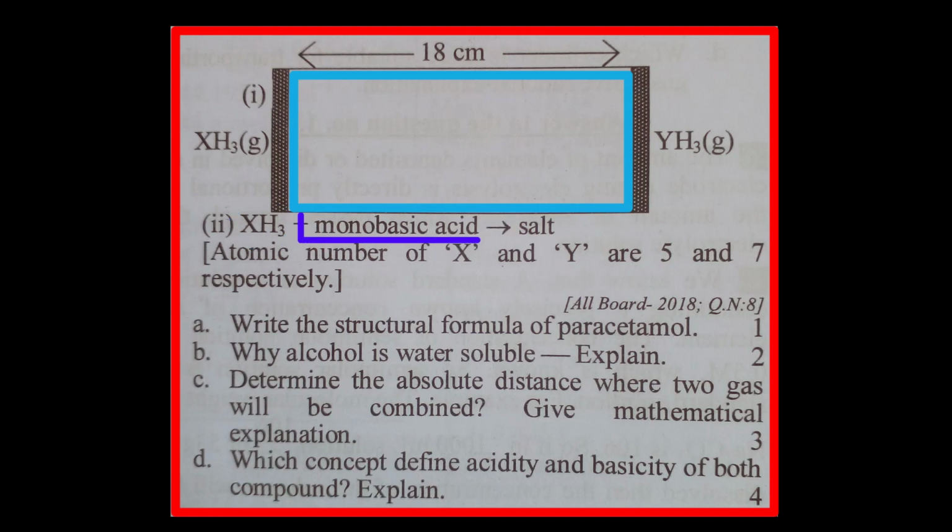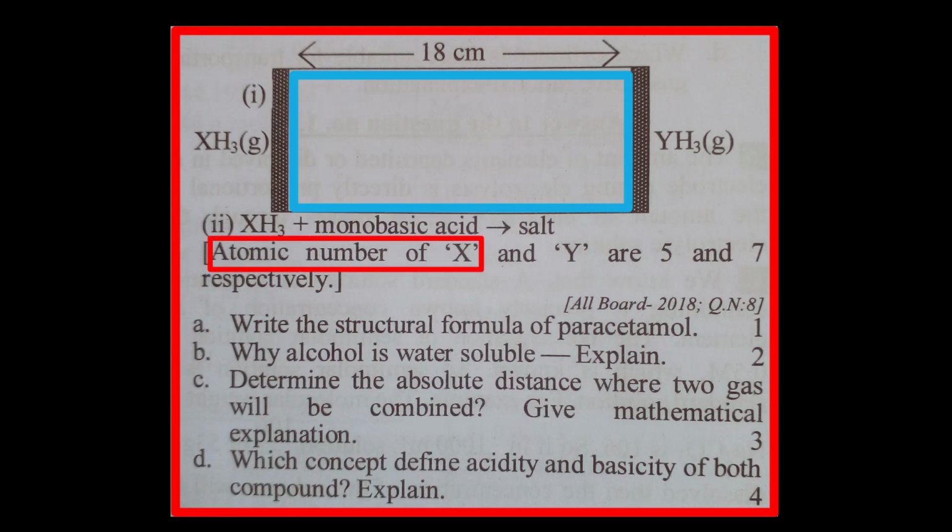What is monobasic acid? Here mono stands for one and basic stands for base. So a monobasic acid is an acid that has only one replaceable hydrogen atom. For example, we can say HCl or HNO3 are monobasic acids, as they can donate one hydrogen ion to a base in an acid-base reaction.